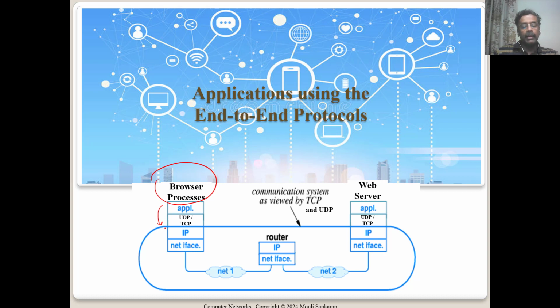Either it could be a query or maybe an actual exchange of information. Then the web server is going to feed a reply back with the web pages, and it is going to respond based on the action taken on the web page.